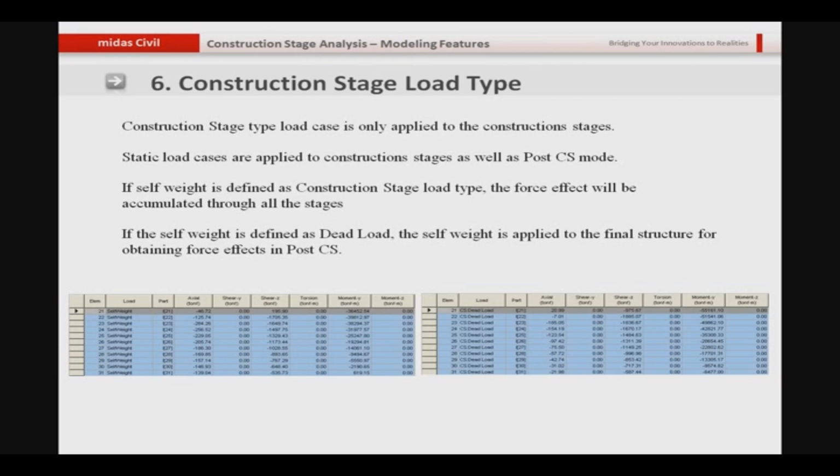I hope you guys are already familiar with the post-CS. In Midas Civil, you can see the construction stage analysis results in different construction stages, and you can also see the results for certain other things like response spectrum analysis or moving load analysis in the post-CS. If you define any static load as a construction stage load, it would not appear in the post-CS. We will discuss it more when we see the results.